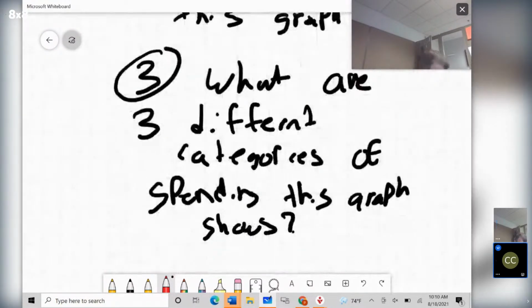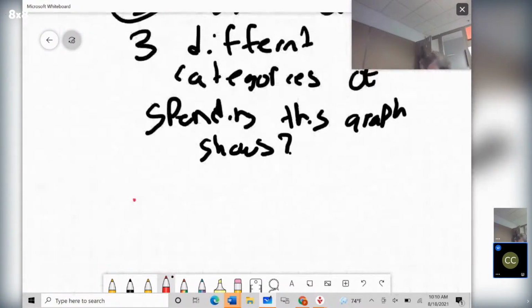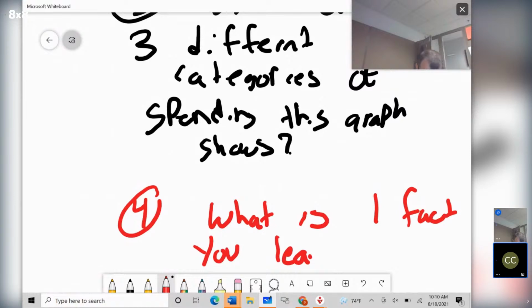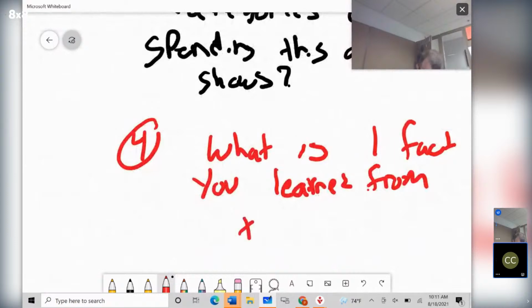And 4 is, what is one fact you learned from this graph?